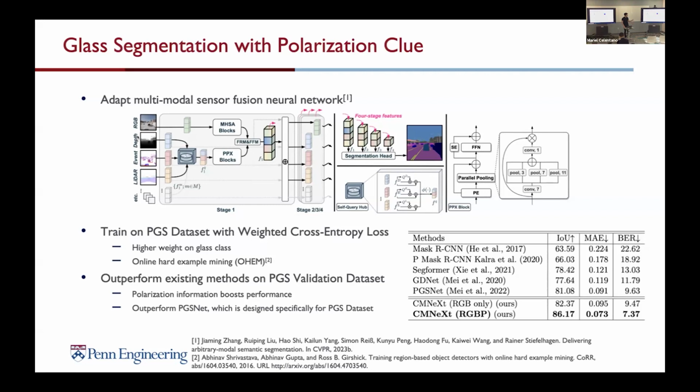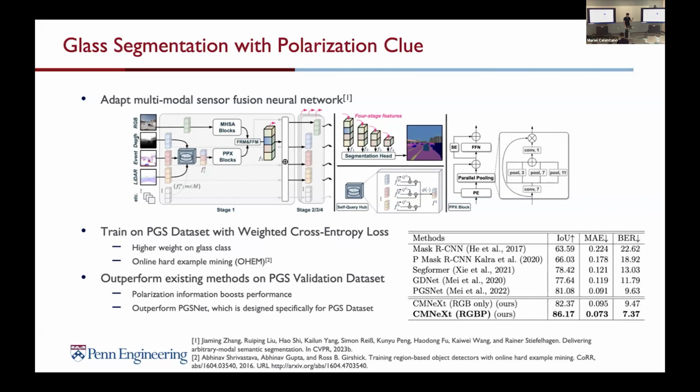We train this CMNeXt on the PGS dataset we mentioned before using standard cross-entropy loss with a few tweaks in learning techniques. And the final trained model actually outperforms existing methods on the validation dataset. The major reason is that this network is powerful. I shared a few validation metrics on the bottom right here.